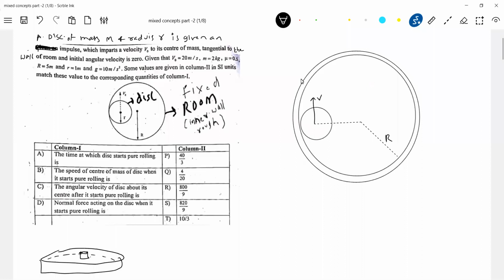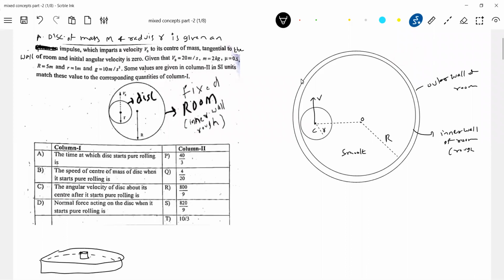We have center C, and let this be O, the center of the room. This is the outer wall of the room. This is rough, and this is smooth. This radius is R. The room is fixed.